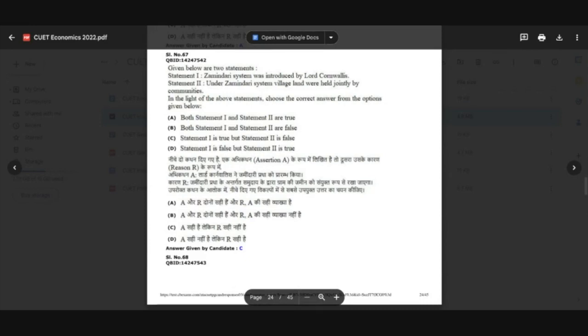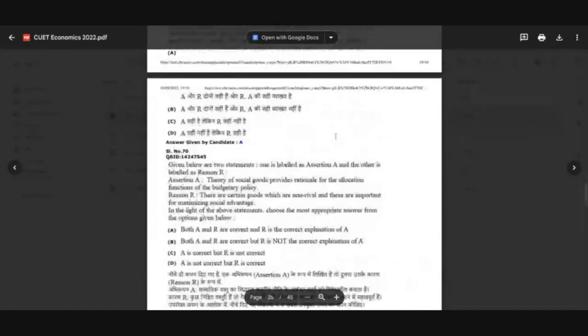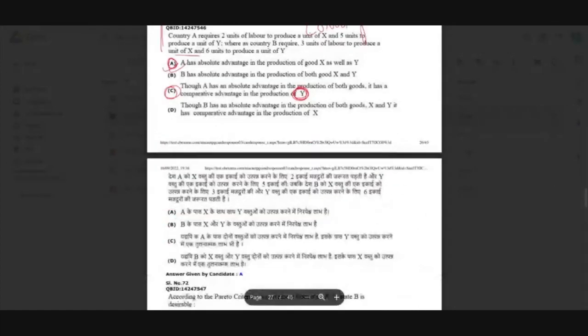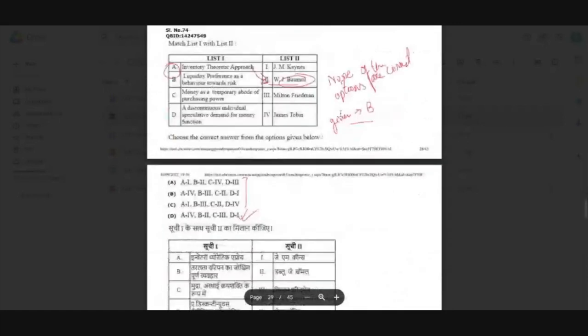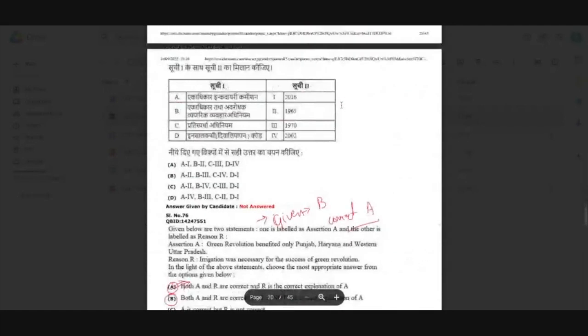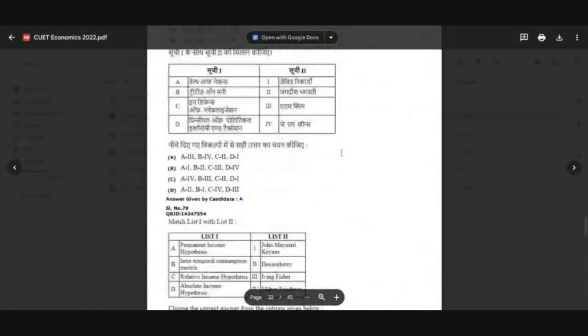So the Engel curve is a combination of all the points of which points? Anyone? Optimal choice. Equilibrium points.